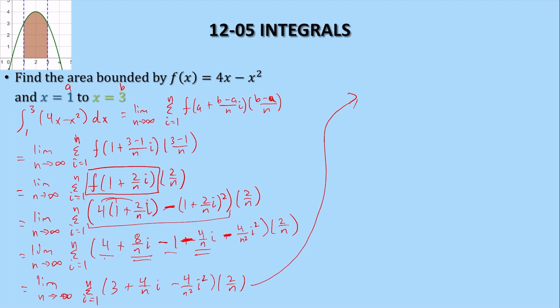All right, we can distribute. So that would give me 6 over n plus 8 over n squared i minus 8 over n cubed i squared.